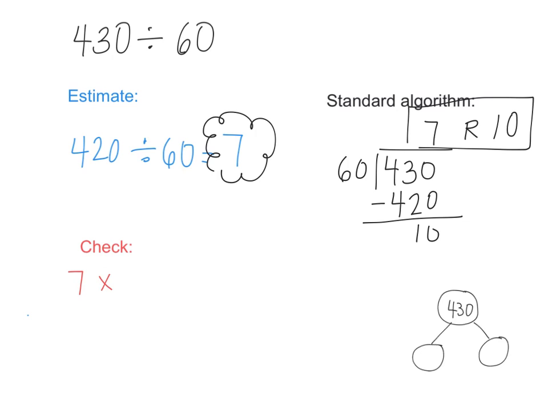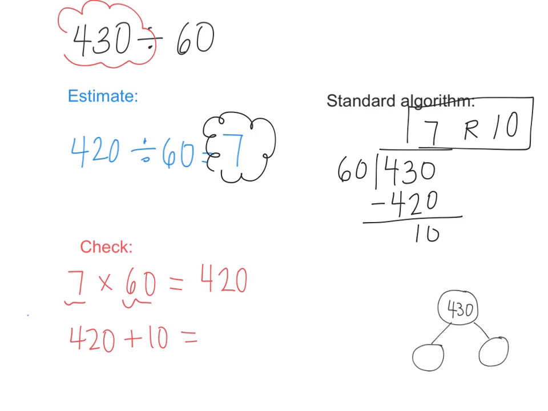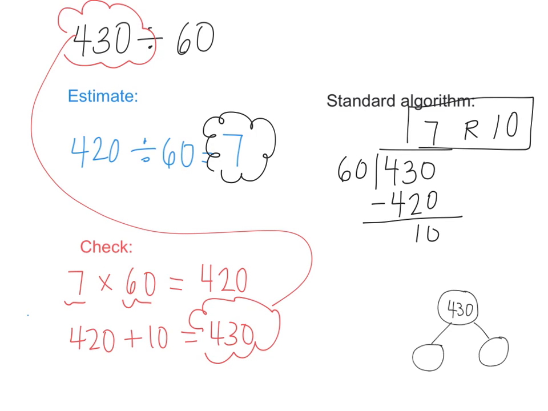The divisor is 60. Good. So I'm going to multiply the quotient of 7 by the divisor of 60 to get 420. And that should equal my whole. Is that my whole? No. Why not? Because I need to add the 420 plus 10 equals 430. Now is that my whole? Yes. And if it is my whole, does that give me confidence that my answer was correct?